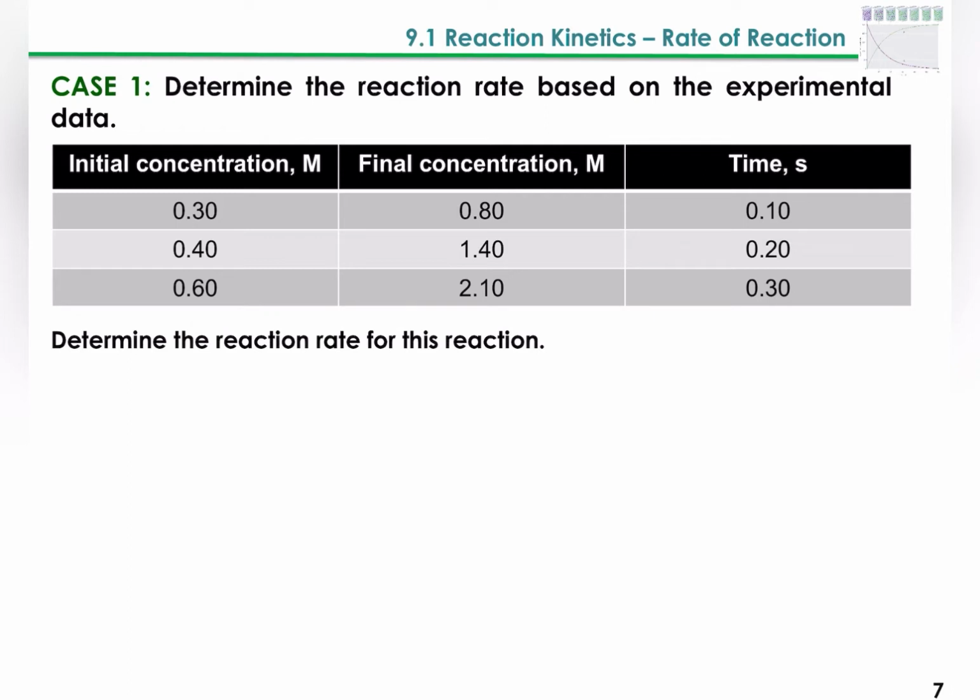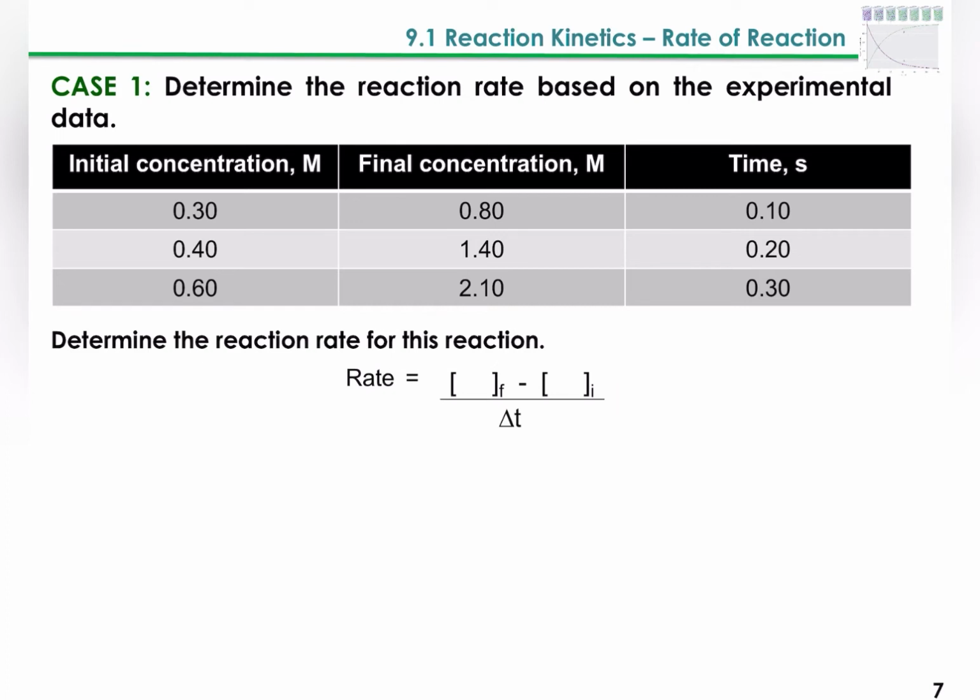You have to know, as a general rule, that the rate equals the final concentration minus the initial concentration, so that we can see the change of concentration over the time. So I got 3 different rounds here. Of course, I'm going to calculate 3 different data based on this general formula.